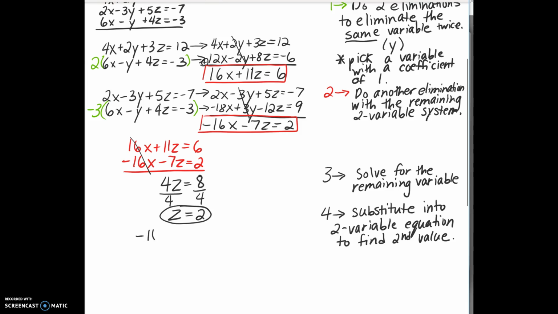So I'll pick the negative 16x minus, and in fact, you know what? Just to highlight that we're using one of those equations, I'm going to use red. So negative 16x minus 7z equals 2. And then we're just going to plug in z and finish solving from there.